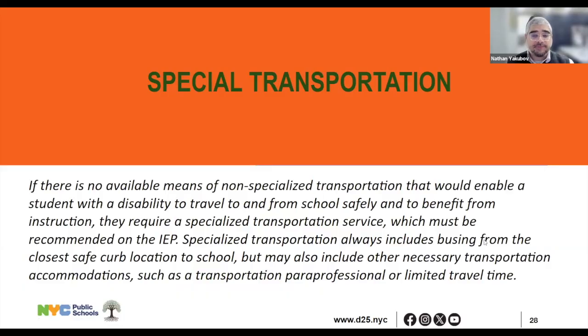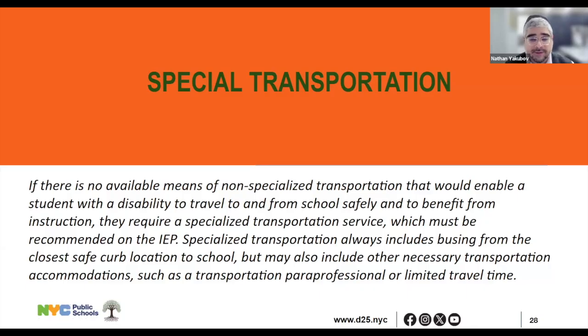Special transportation is also a section on the IEP where we are recommending specialized transport for the student. So if there's no available means of non-specialized transportation that would enable a student with a disability to travel to and from school safely and to benefit from instruction, they would require specialized transportation. And this has to be recommended on the IEP. So again, we're looking to see, is it possible for the student to get to school just like other students might, either public transportation or other ways, walking, whatever that might be?